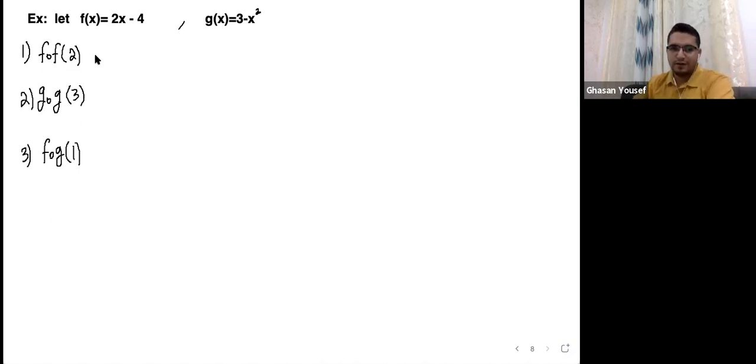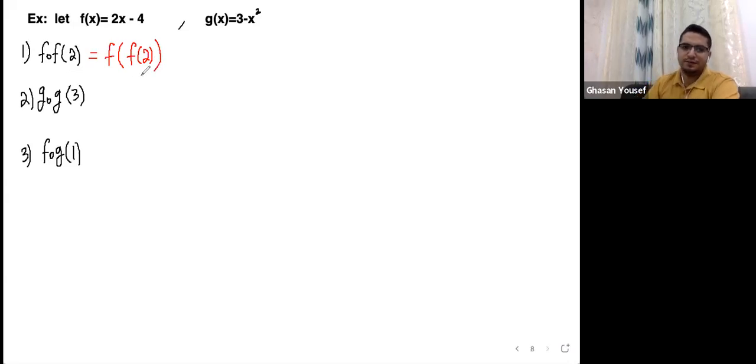You have to write the formula first, then you plug the 2 inside the function. Let me simplify it for you as f of 2. Now, who will do this one?